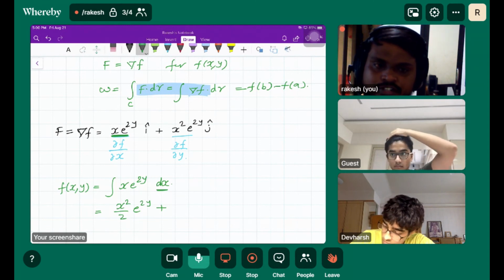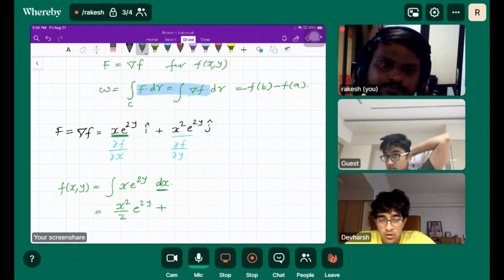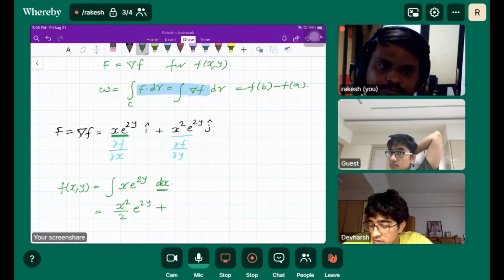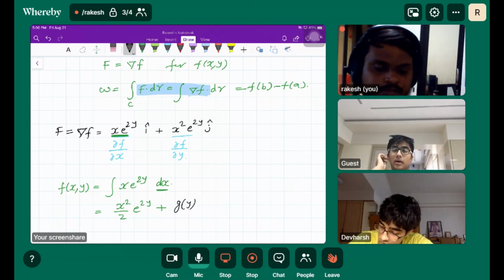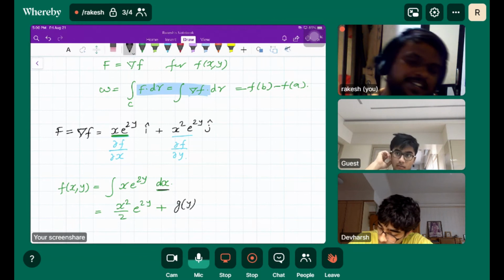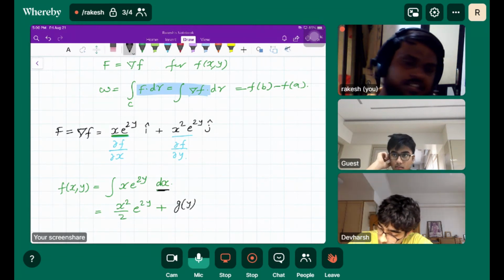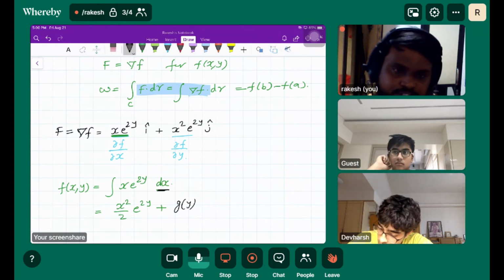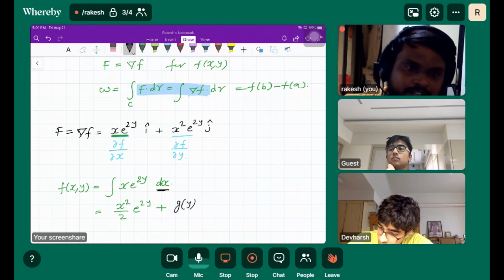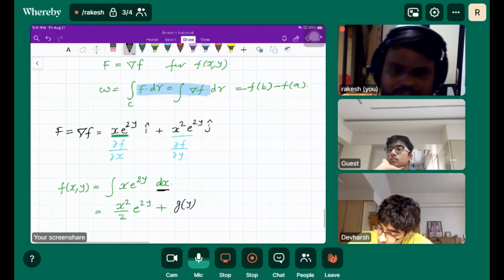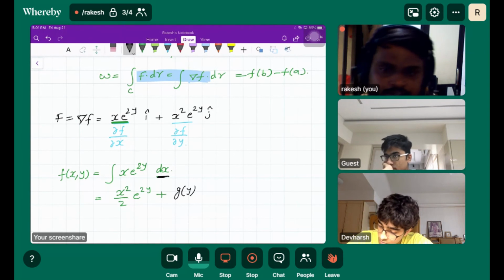Should I write just a constant or something else? g of y. Yes, because we have integrated with respect to x, so other than x everything is constant. So the constant may have y, and that's why we should write g(y) there.